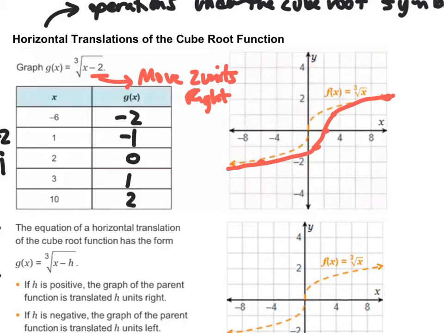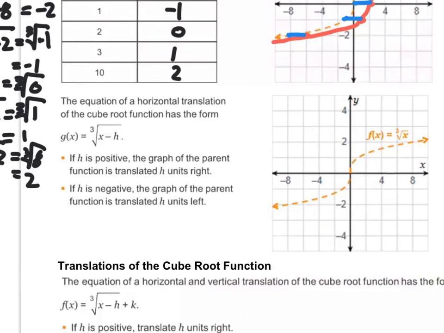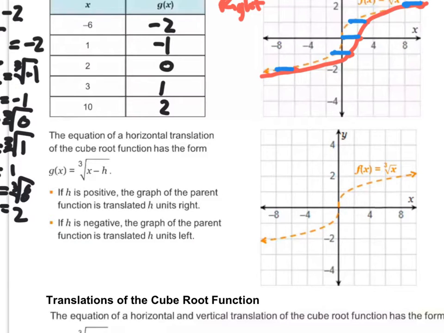And how you get that is you take each of these points and you move them over 2. Each of these points, move them over 2. So it's 2 units to the right. To talk about it, if h is positive, we move it to the right.